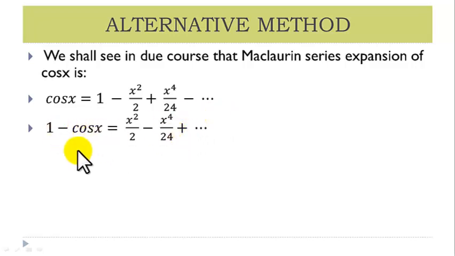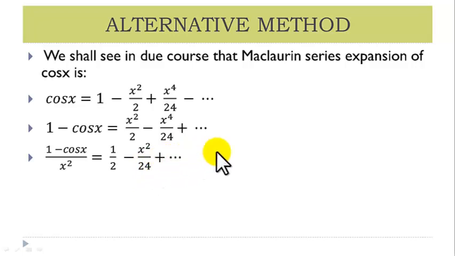Let us now divide both sides of this equation by x squared to obtain (1 minus cos x) over x squared is equal to, x squared will cancel x squared to give us half, minus, x squared will cancel x to the power 4 to give us x squared all over 24, plus terms in higher powers of x.